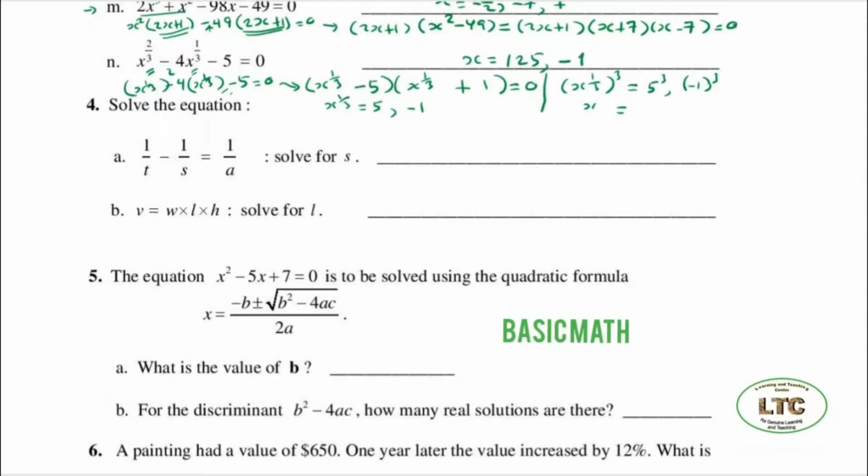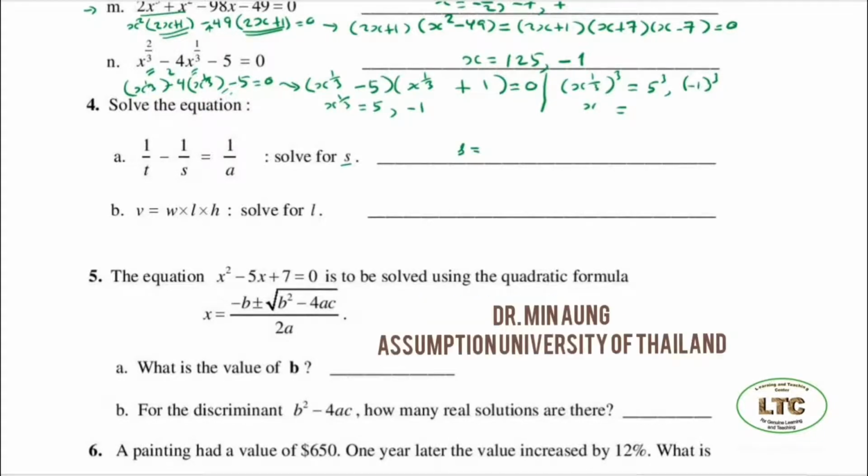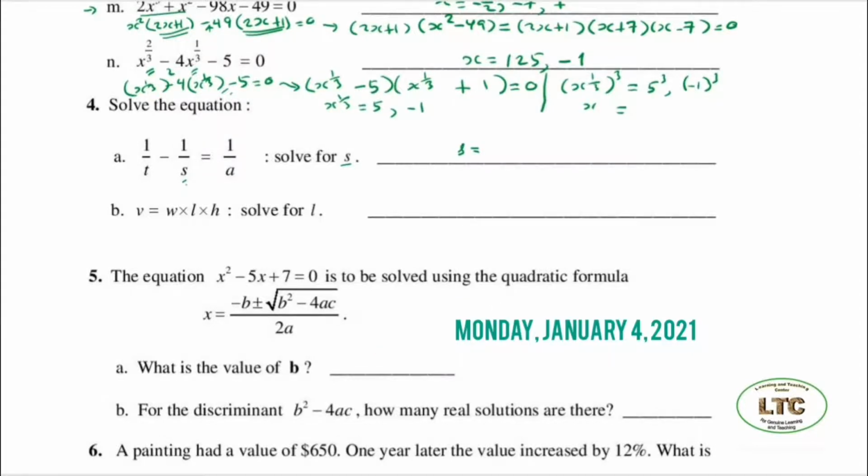Solve the equation. Solve for s, then you must change to the form where s is on the left and all others are on the right. So here s is here. You try to leave s alone. This is negative, and I don't like negative, so I will add 1/6 to both sides. So 1/6 minus 1/6 is 0. 1/d is left on the left.